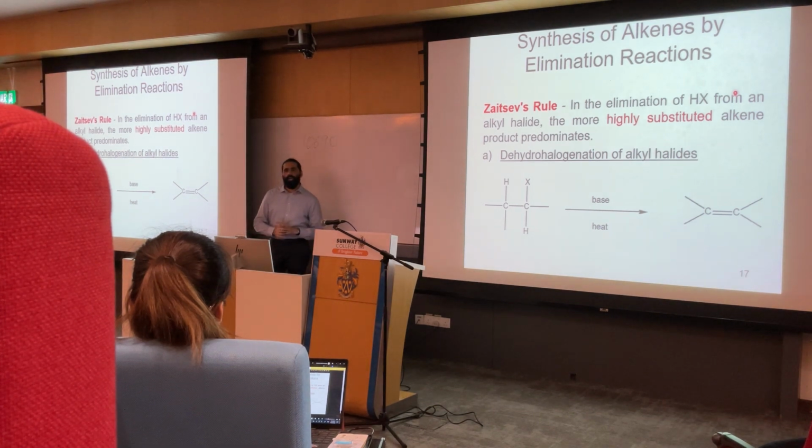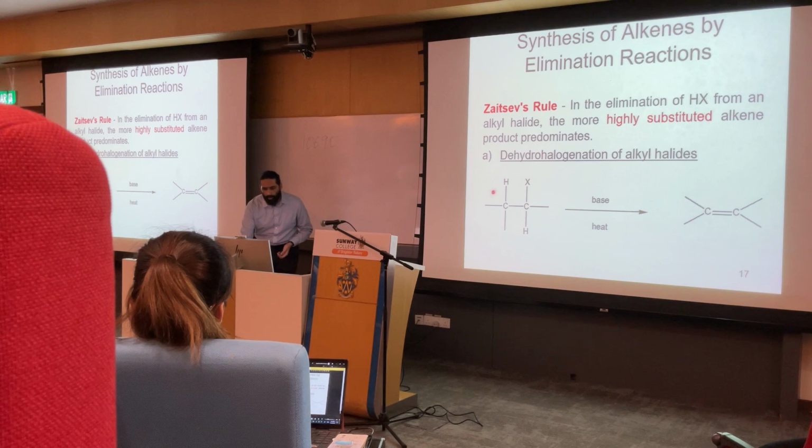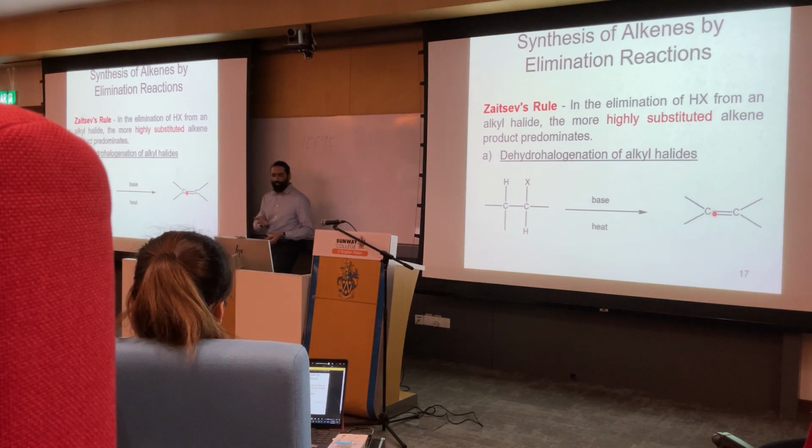Right, so now we start the chemical properties of alkene, and when we say chemical properties, this means how they are synthesized or what types of reactions they perform, right? So the first way they can be synthesized is called dehydrohalogenation. I think we have done this as well, right? Correct?